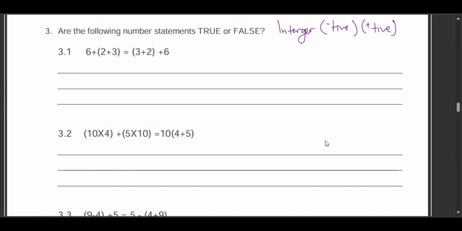Rule number 1. When you multiply integers, there are some effects that you get. So, what do I mean?